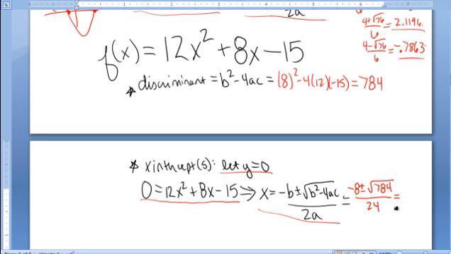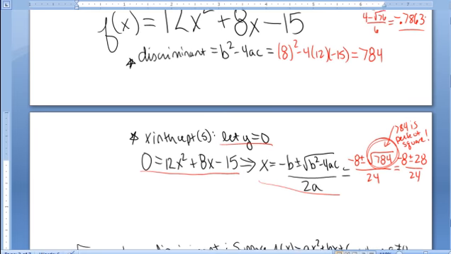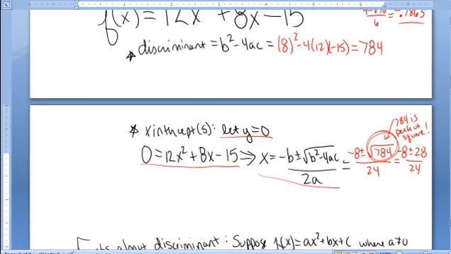Now this time, it turns out that 784 is a perfect square. The square root of 784 is 28. So this simplifies to negative 8 plus or minus 28 over 24. Again, we have two answers. The number underneath the radical was positive, and so we're going to have two answers, negative 8 plus 28 over 24 and negative 8 minus 28 over 24.